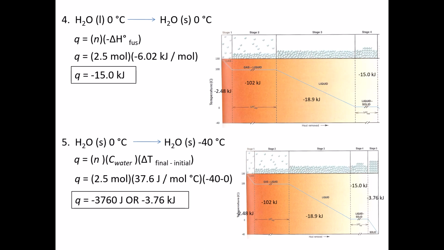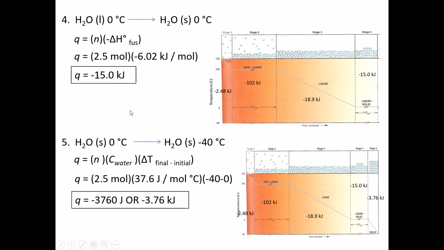Alright, step 4, once we've cooled our liquid, now we're going to undergo the second phase change from liquid to solid, staying at 0 degrees Celsius. So 2.5 moles times our negative delta H of fusion, because we're not melting, we're freezing, gives us negative 15.0 kilojoules.